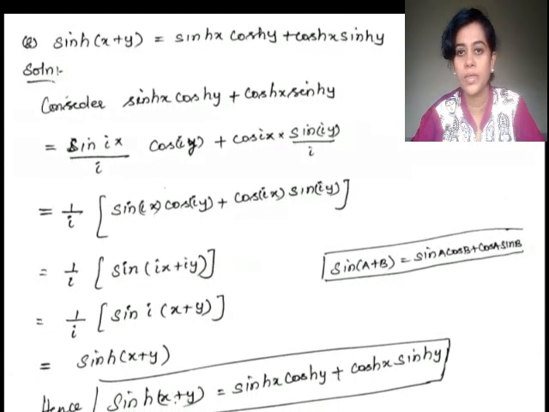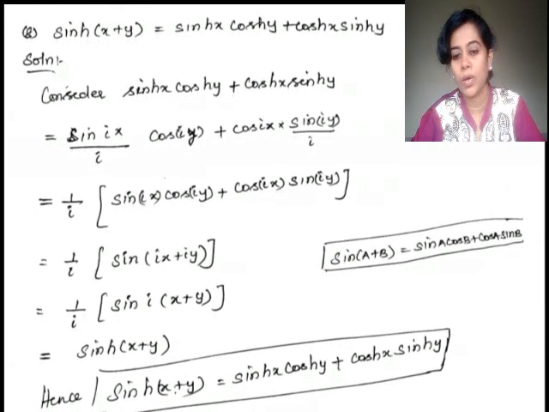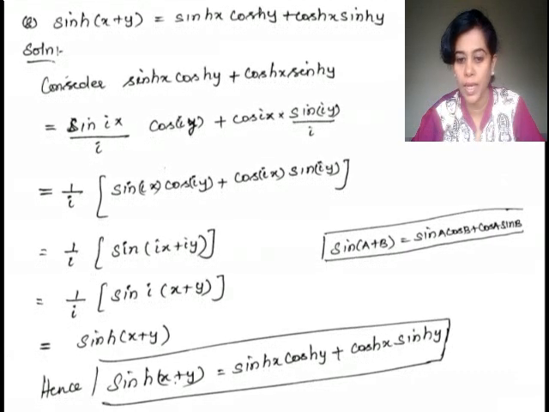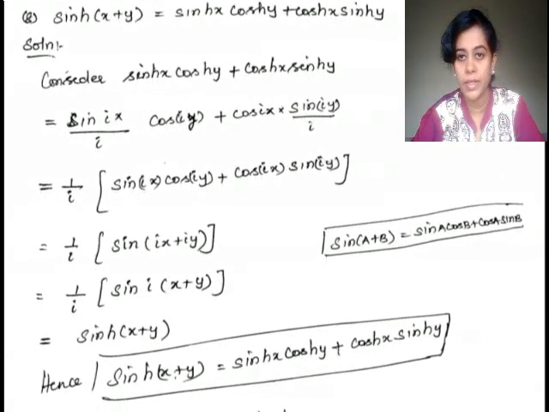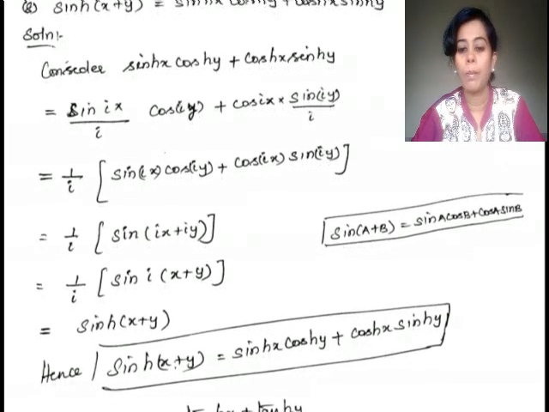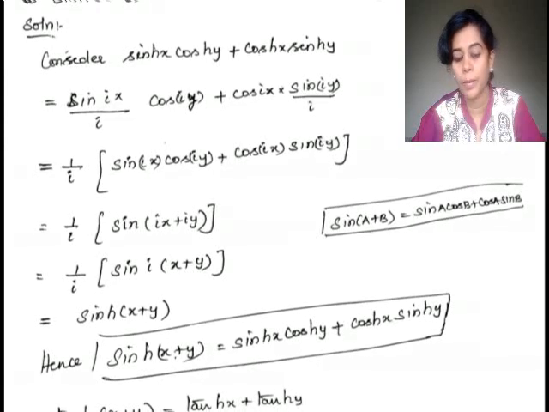Consider the expanded version, that is the right hand side, sinh x cosh y plus cosh x sinh y. So that will be written as sin ix by i, because sinh x is equal to sin ix by i, into cos iy plus cos ix into sin iy by i.